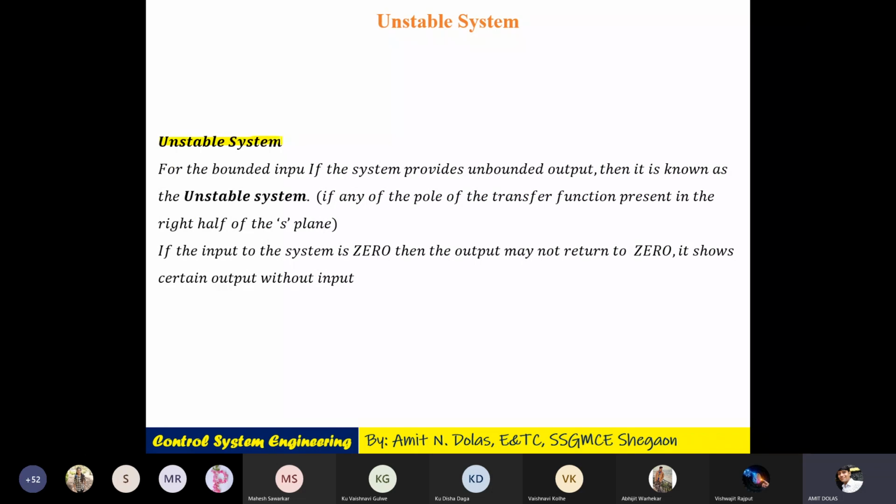Another is unstable system. For the bounded input, if the system provides unbounded output, then we know system is unstable.